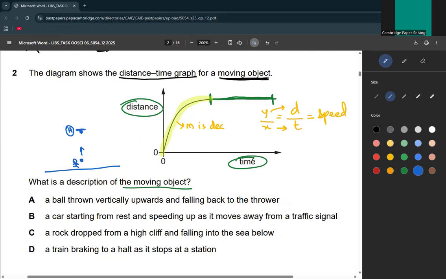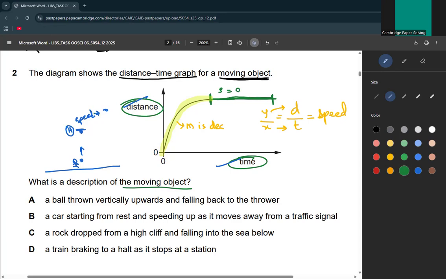At this point, speed would be zero, right? Which means the gradient of this distance time graph should also be zero. So is it zero? Yes. At this green point, I'm denoting speed as equal to zero.